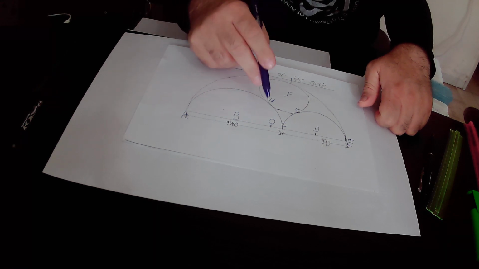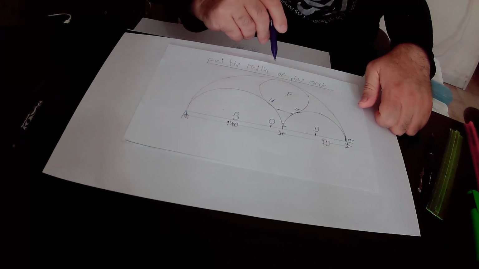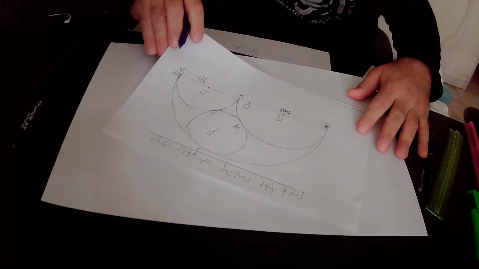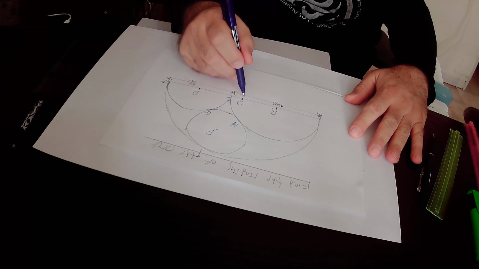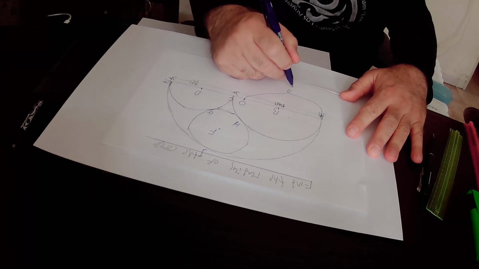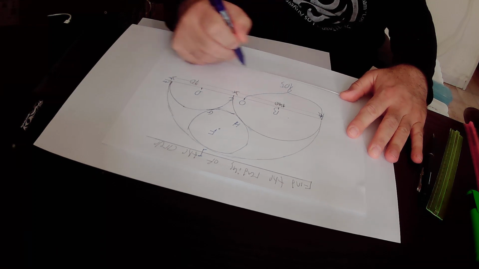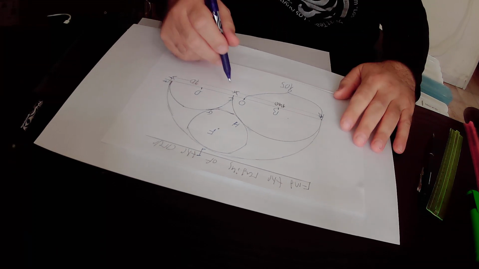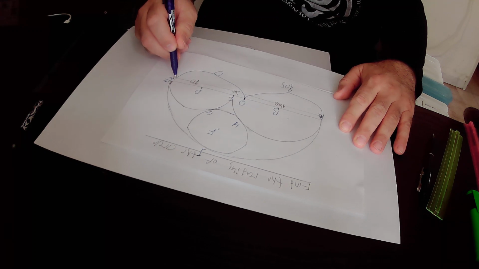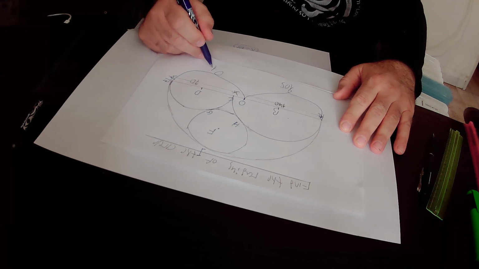Therefore, AO is the radius of the biggest semicircle, that is equal to 105 units. Likewise, for the same reason, OE will be also the radius of the biggest semicircle, that is equal to 105 units.